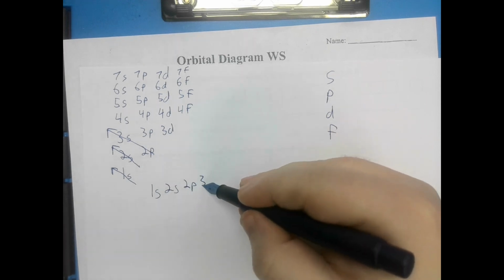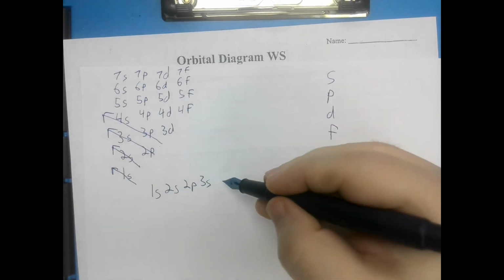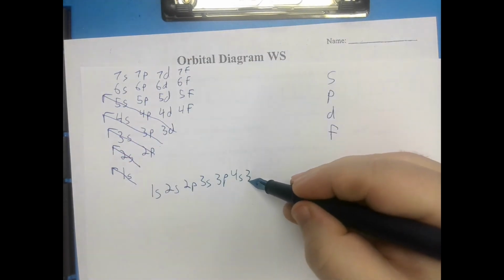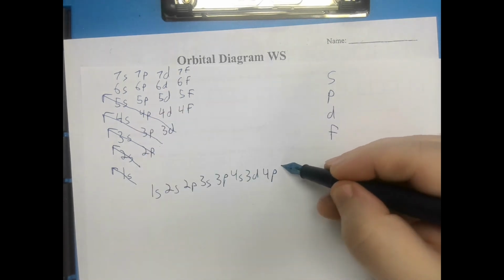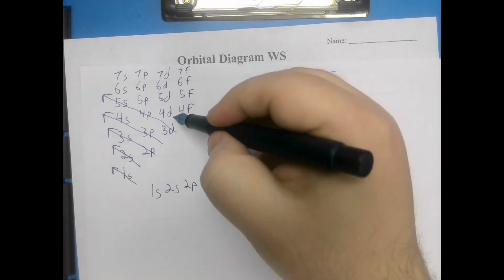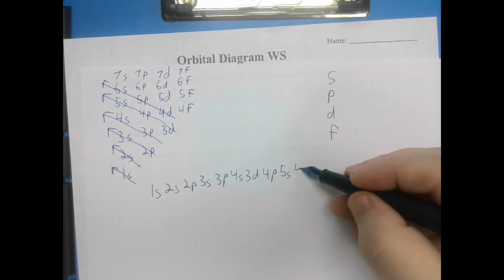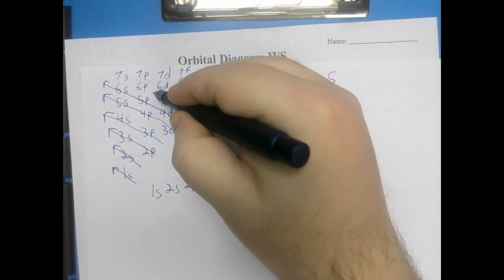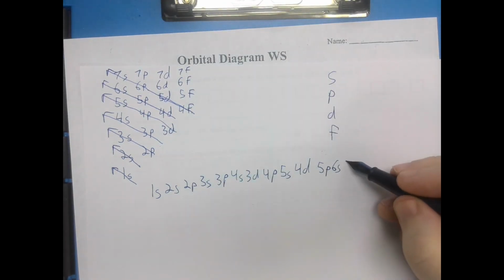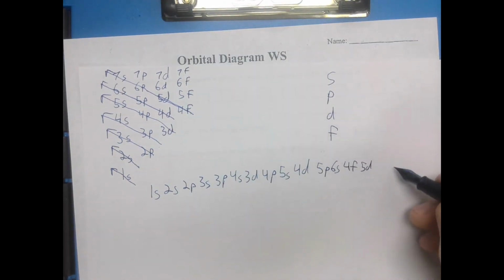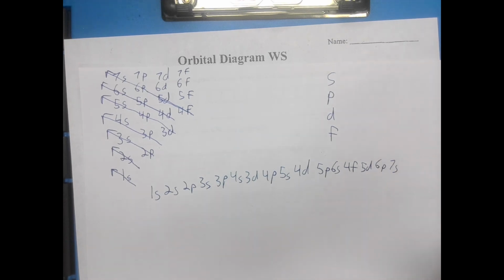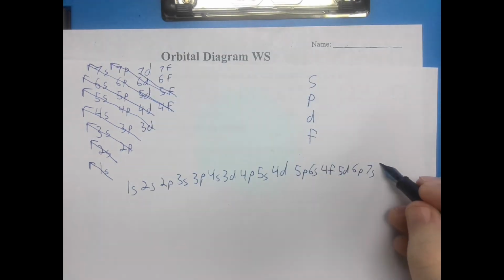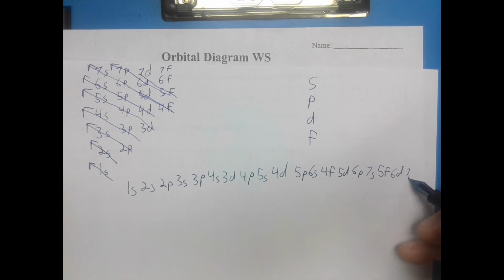So 1S, 2S, then 2P and 3S, then 3P and 4S, then 3D, 4P, 5S, then 4D, 5P, 6S, then 4F, 5D, 6P, 7S, and then lastly is your 5F, 6D, and 7P.